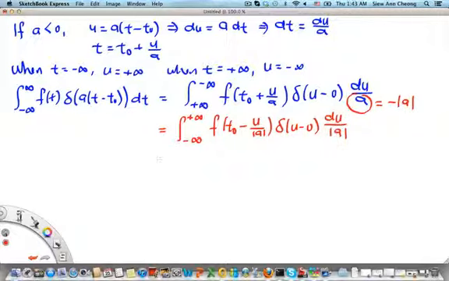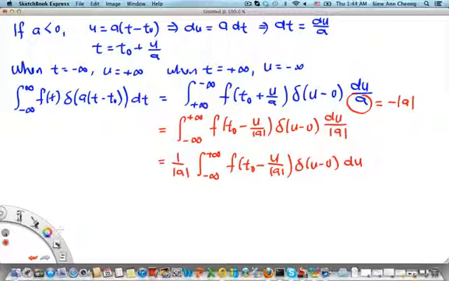Now let me bring out the 1 over the absolute value of a, and now we will have the integral from minus infinity to plus infinity of f of (t naught minus u over the absolute value of a) times delta(u minus 0) du. So what will happen is that when we evaluate this integral, the 0 will be substituted in for u, and therefore we end up with 1 over the absolute value of a times f of t naught.